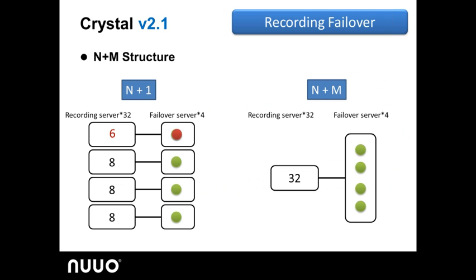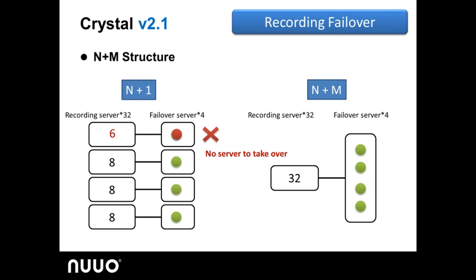However, if there is another server failure in the first server group, the N plus 1 structure will not be able to handle this situation, because in the N plus 1 structure, the first 8 recording servers all use the same failover server.